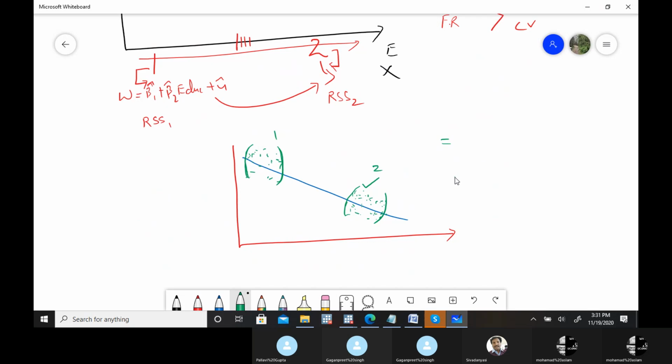Now, what is u hat? U hat square is from u hat, right? So we need to know about the u hat. U hat is these actual y values minus the regression line, that is your first coefficient plus second coefficient multiplied by x values.